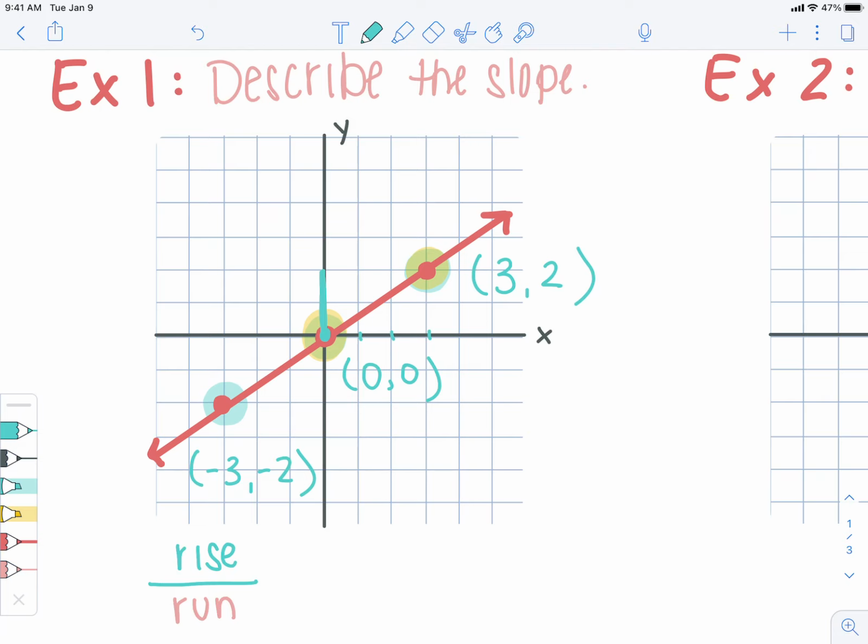So since I traveled up 1, 2, my rise is 2, and my run is how many I have to go over to get to that point. So I went over 1, 2, 3. So my run is 3, which means my slope is 2 over 3. So for the first time in our entire lives, fractions actually make it easier, because fractions tell us how many to go up and down and how many to go to the right.